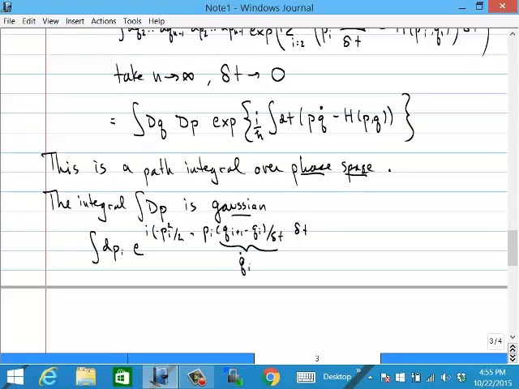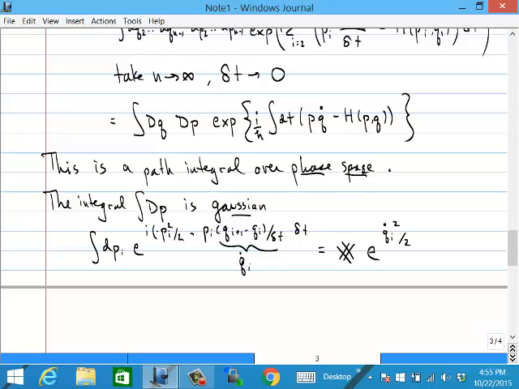You can just do that Gaussian integral. The easiest way to do it is just to complete the squares. Right? So to complete the squares, you would just shift pi to pi plus qi dot times delta t, and you would get e to the qi dot squared over 2.